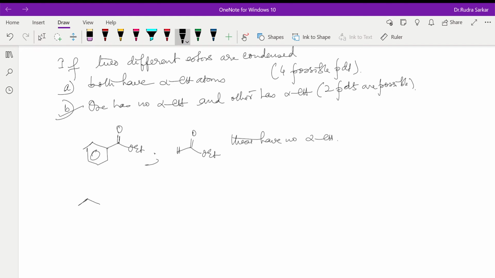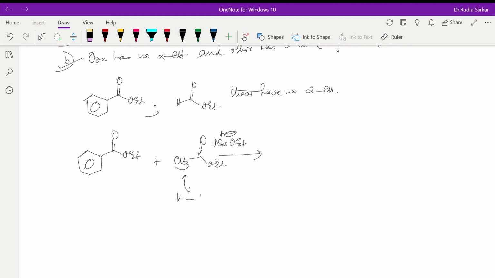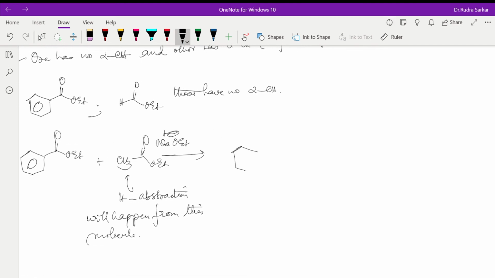Now suppose I have taken this in combination with this, then it is pretty sure that on adding NaOEt, H abstraction will happen from this molecule, which means from only one molecule I will get the nucleophile.